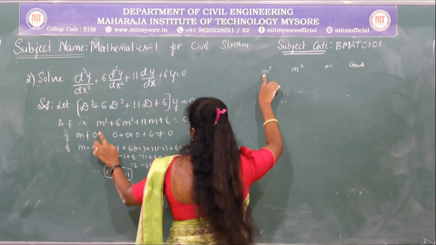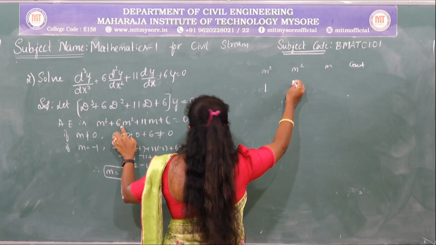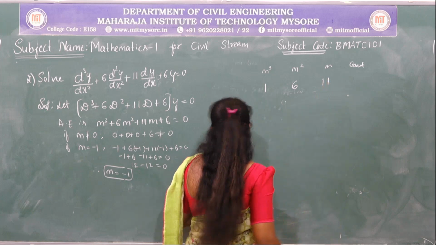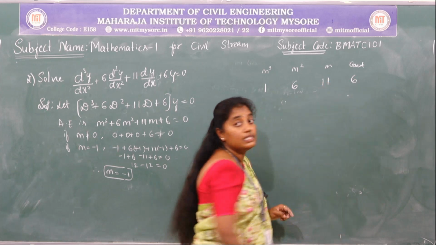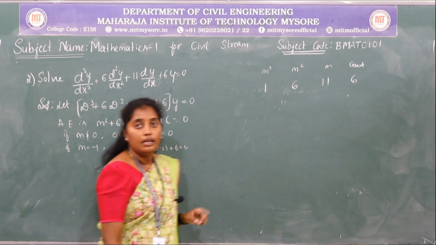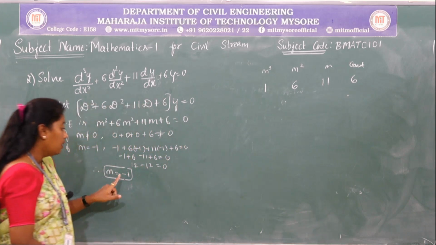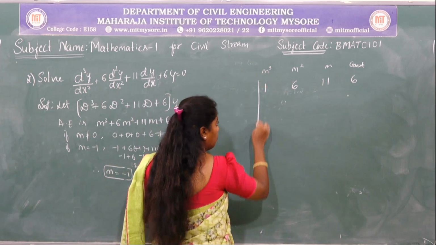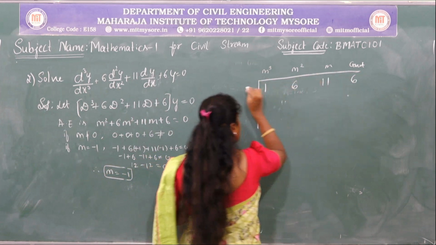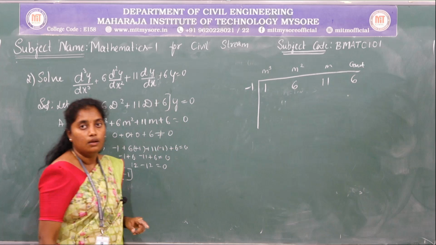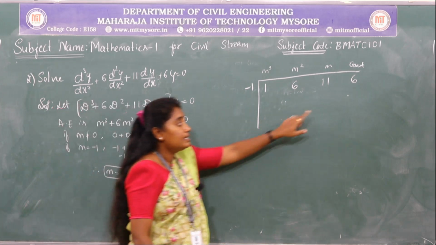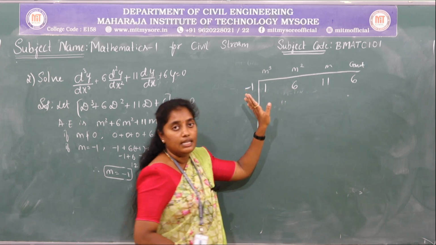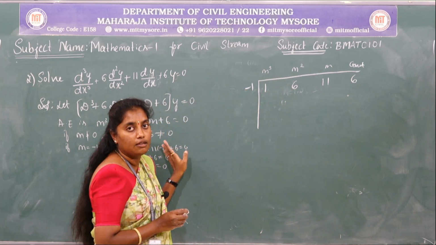The coefficient of m cube is 1, of m square is 6, of m is 11, and the constant term is 6. Now divide these values by the obtained root, minus 1. On dividing, the last remainder must be equal to 0. Then minus 1 is the correct root of the given equation.